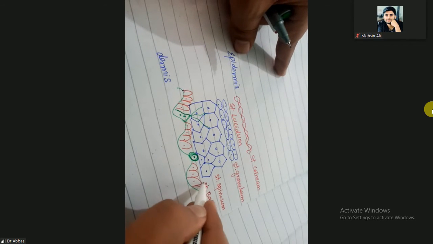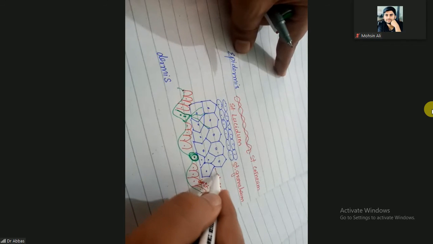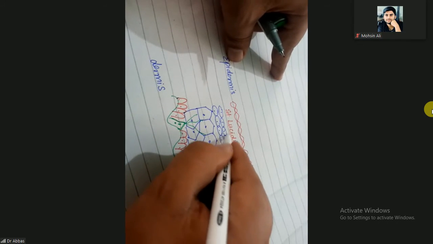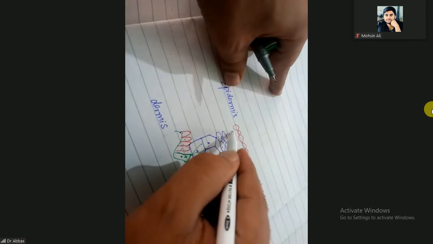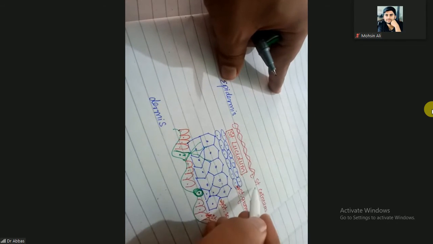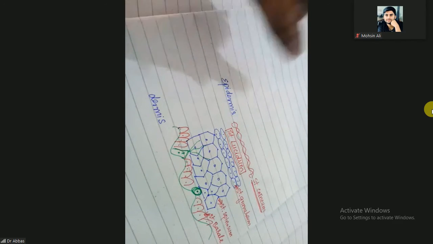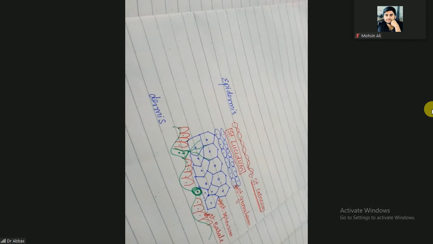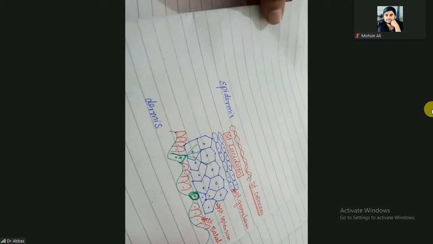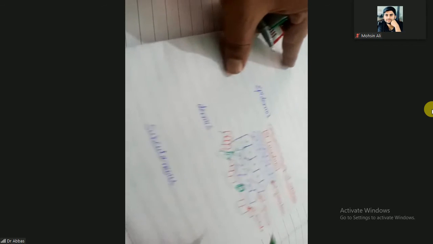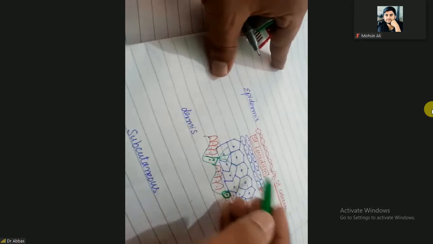Stratum basale, stratum spinosum, stratum granulosum, stratum lucidum present only on the palms and soles, and this one is the stratum corneum. So in this discussion, we will continue with the cells of the epidermis, not the layers.